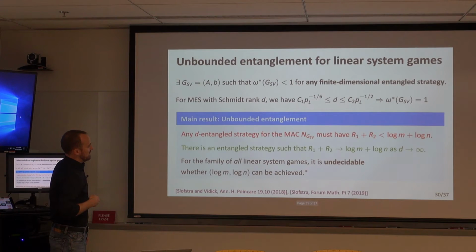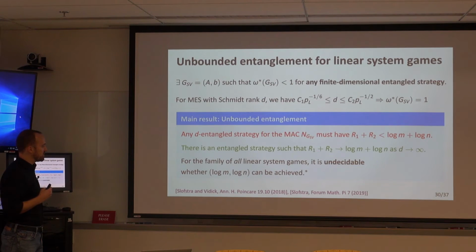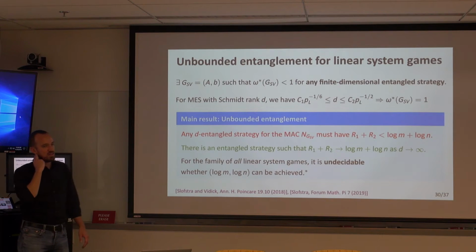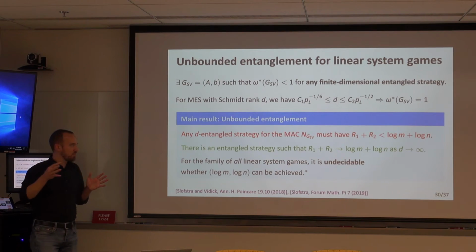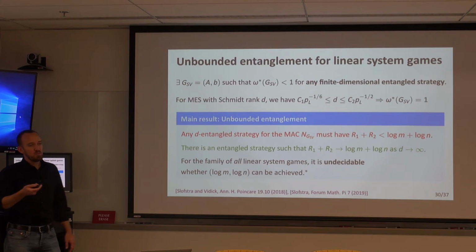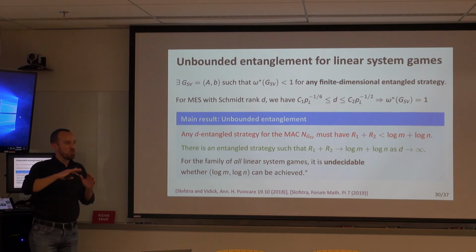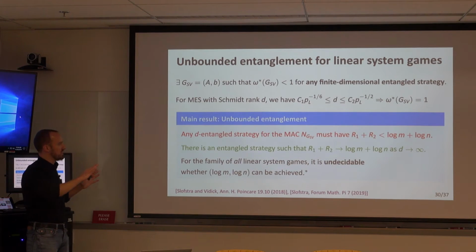There's very interesting recent work by Slofstra and Vidick, where they exhibited an example of such a linear system game, such that you need entanglement to win the game, always, and you actually need an unbounded amount of entanglement for this.